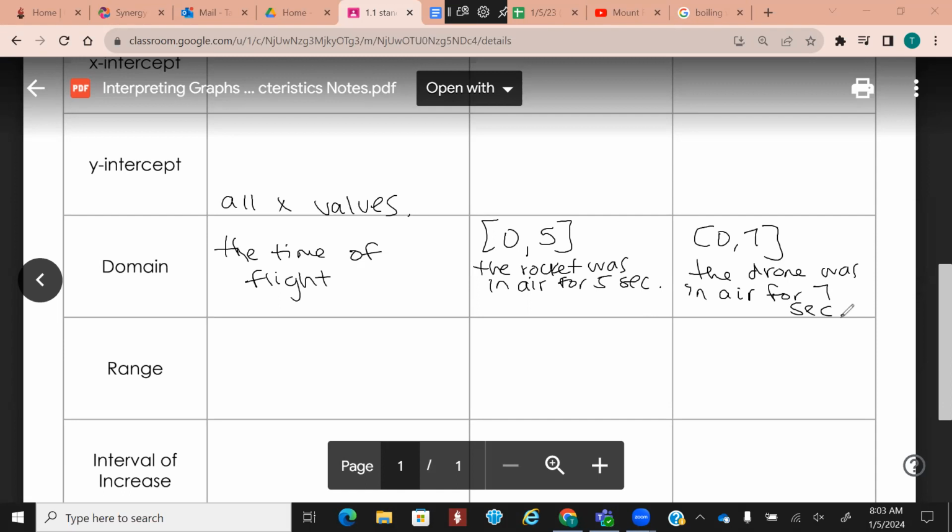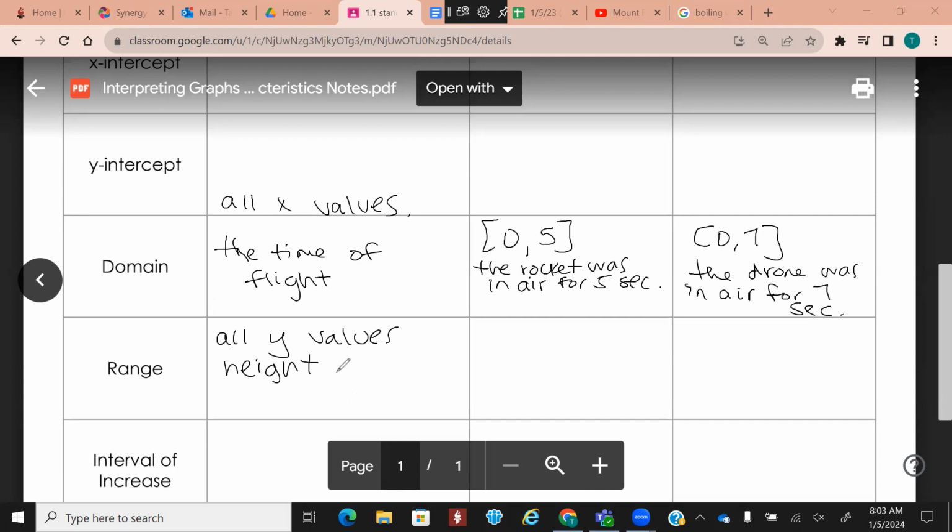Domain does not go away. It is always asked. For range, if we're dealing with x values for our domain, what do you think we're dealing with for our range? All the y values. Now, what are we talking about in actual context terms? This is talking about the height of the rocket or height of the drone.